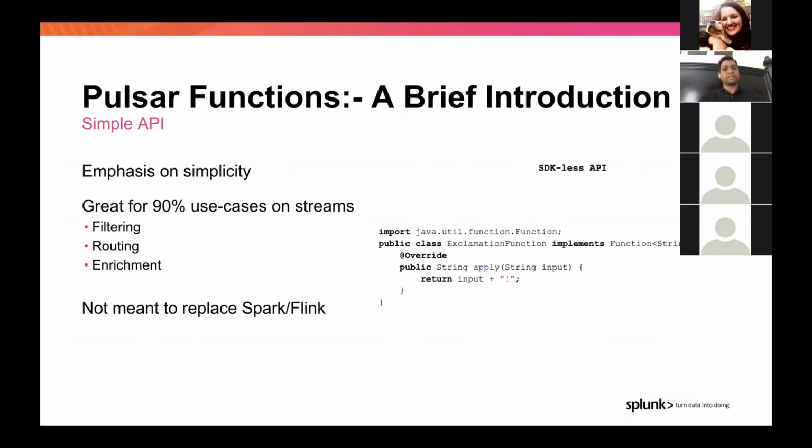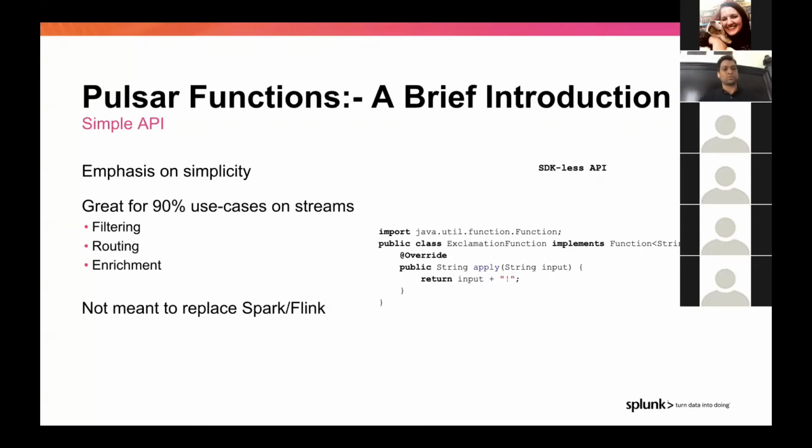So the emphasis was purely on simplicity. And this is great for 90% of the use cases. If one is wondering, the majority of the use cases, even at large enterprises like Twitter and so forth, are concerned about filtering, and about routing: how do you take a message from a topic and route it to a different topic? Or how do I enhance a message when there are some missing fields?